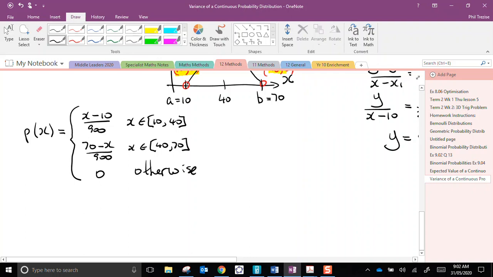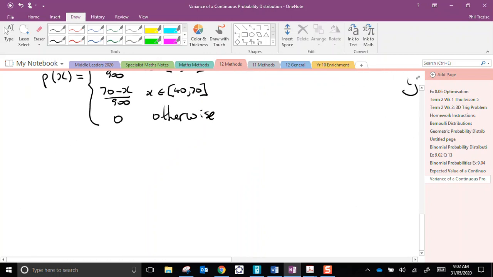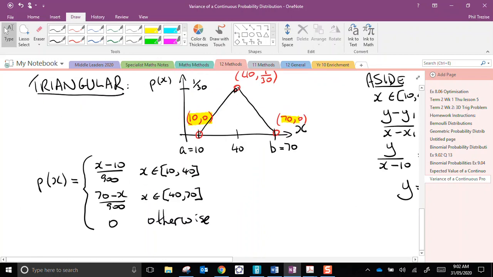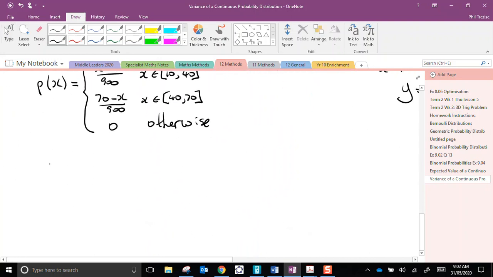Now, we found last time that the mean for a symmetrical distribution, and this is symmetrical, was exactly halfway between A and B. So that value of 40 also represents the mean. However, if it was not symmetrical, we would have to calculate the mean using what we learned last time: the integral from A to B of x multiplied by p(x) dx.